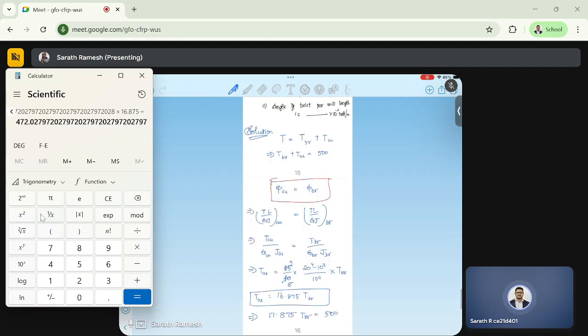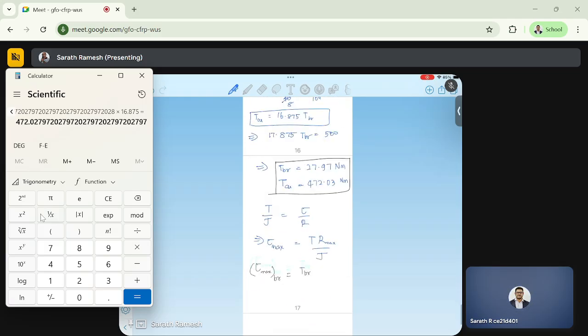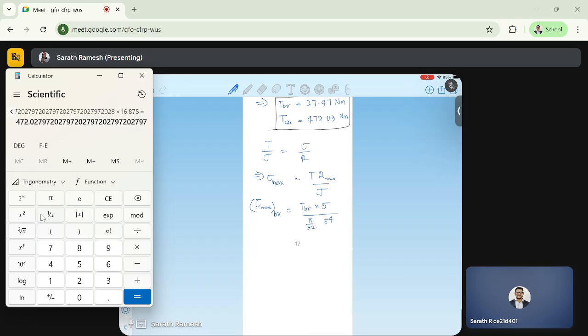What is the maximum radius of brass? 5 mm. 5 divided by J, which is 5 by 32 into solid, 5 power 4. T brass will be 27.97 into 10 power 3.